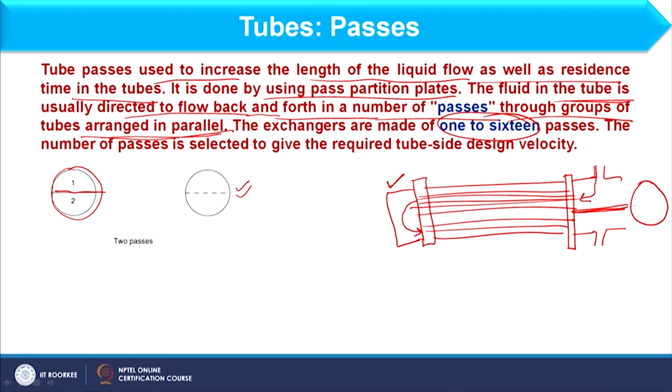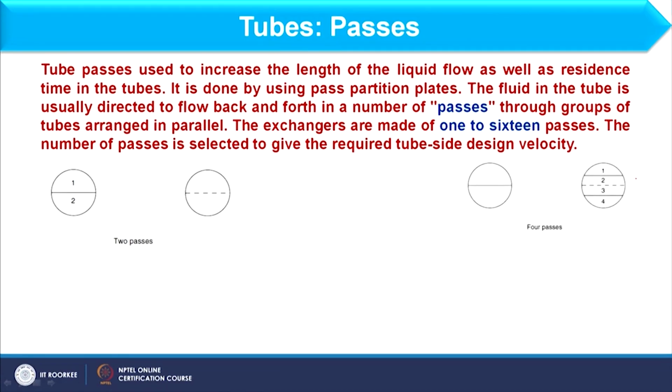So, here we should consider the cross sectional view like this, and here the cross sectional view like this, right. So, in this way we consider the 2 passes. Fluid will enter from here, then reverse back, and then it exits from here, right. So, this is basically the simple pass, 1-2 pass.